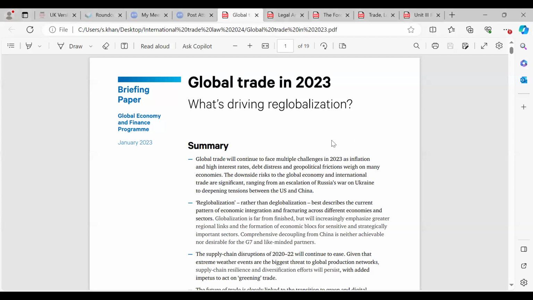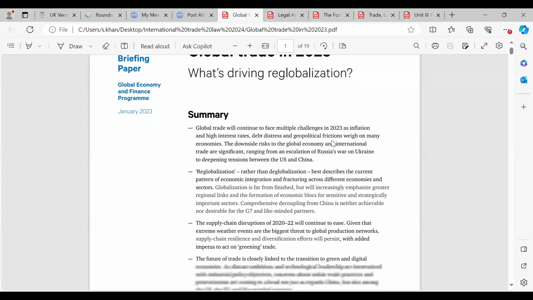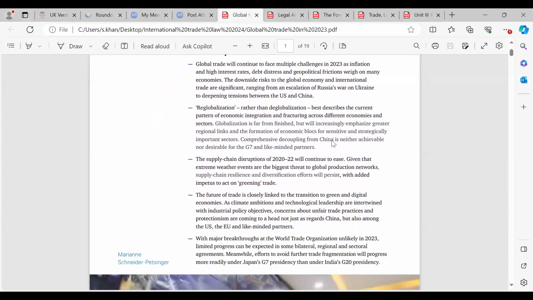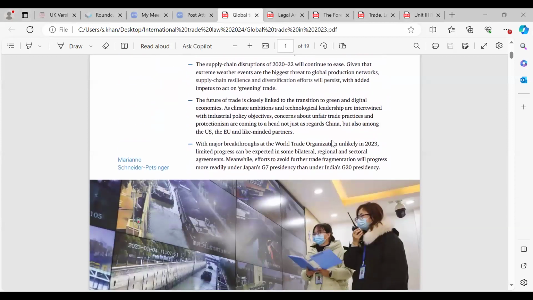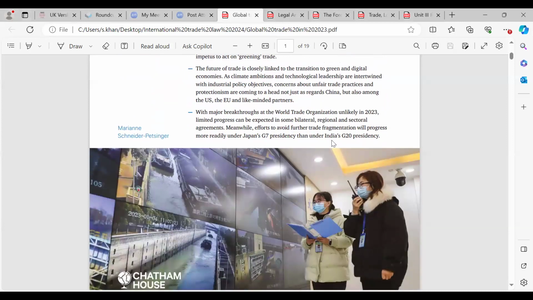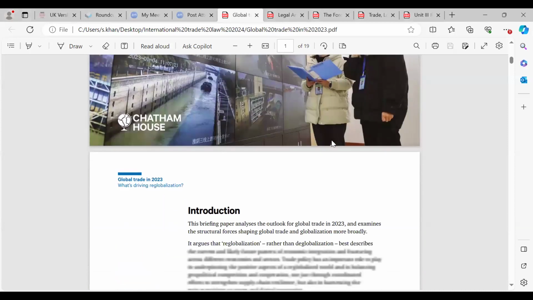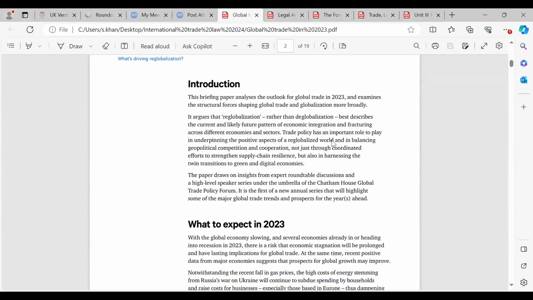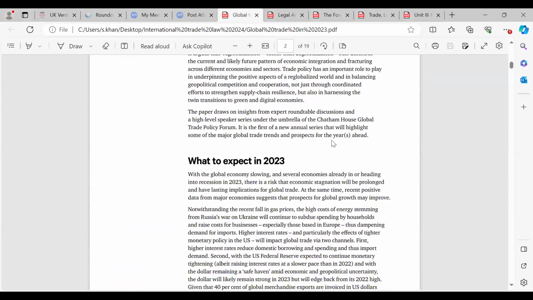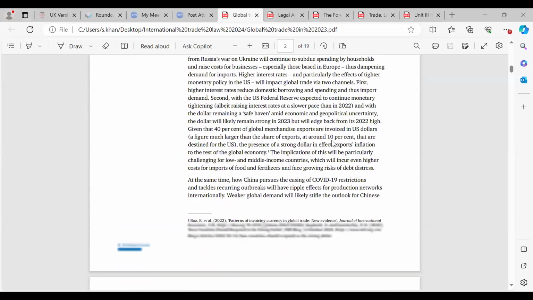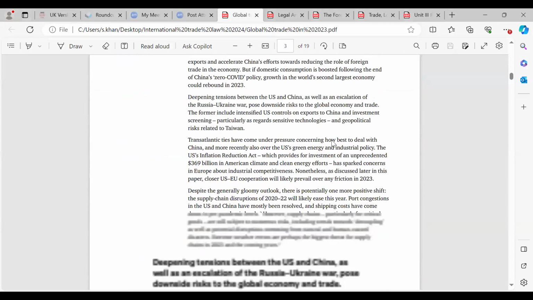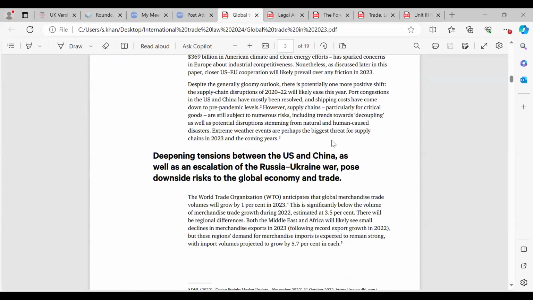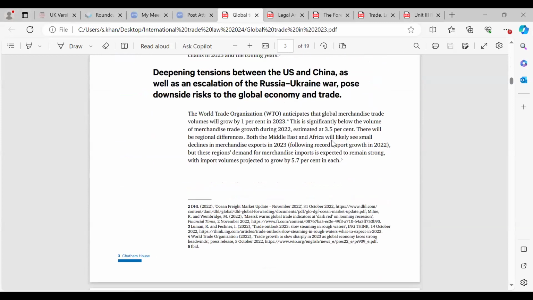So what's driving reglobalization? It's an article in regards to the major breakthrough with the World Trade Organization, and also a briefing paper analysing global trade in 2023. So it's quite recent, and looks at the expectations in 2023 and the changes in globalization, including the issues around the US and China.